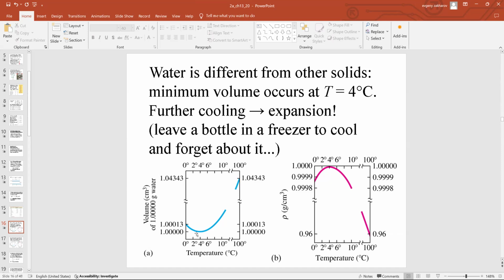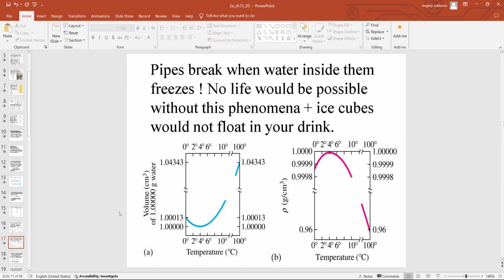So keep in mind that pipes need flowing water. You cannot allow that water to freeze. Otherwise, the pipes would just blow up from this expansion from 4 degrees to 0 degrees Celsius. Yeah, so pipes break when water inside them freezes.